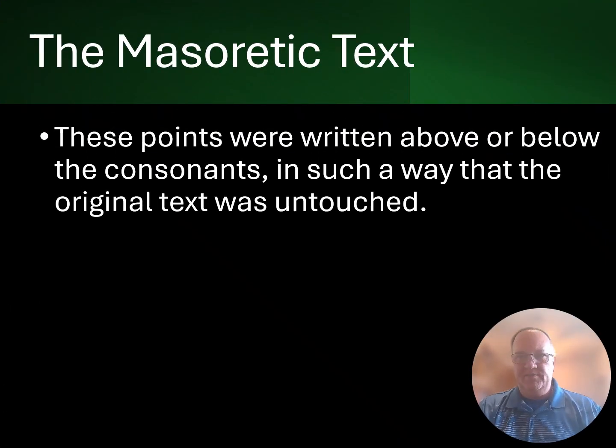So these vowel points are often written above or below the consonants in such a way that the original text would not be touched. So it wasn't like they would write them through those spaces. And I'm going to show you some pictures of what we're talking about.